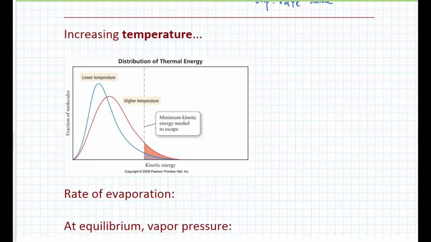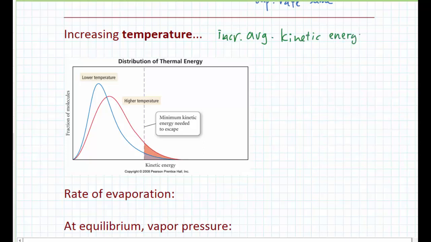That means more molecules have that critical amount of energy that they need to vaporize. Okay? So we sort of increase the proportion like we see on there. Okay? So it increases average kinetic energy. Rate of evaporation increases.